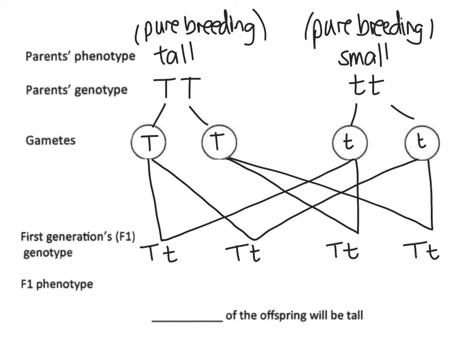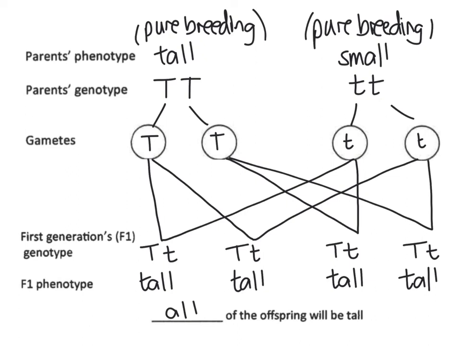I'll pause at the end, you can get this all copied down. The phenotype of each of these, well, they've all got a big T, so they're all going to be tall. So underneath there, you write all of the offspring will be tall. You might need to pause the video just to get that all copied down on page 6.